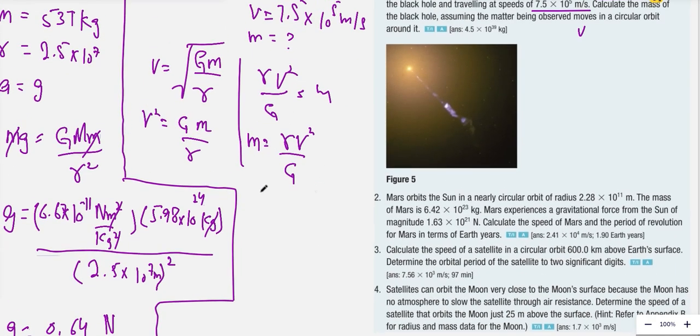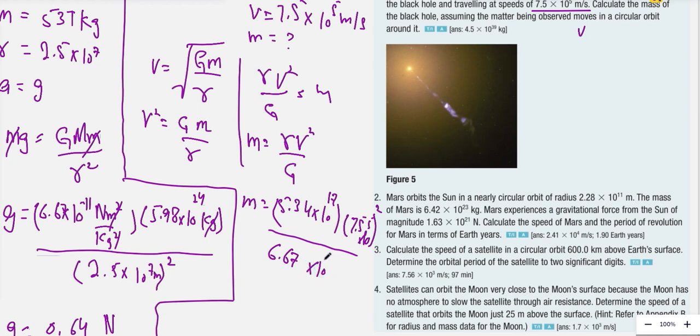Now we can put the values for r, v square and G. What is the value of r? It is 5.34 multiplied by 10 to the power 17. v is 7.5 times 10 to the power 5, squared, and G is the gravitational constant, 6.67 multiplied by 10 to the power minus 11.